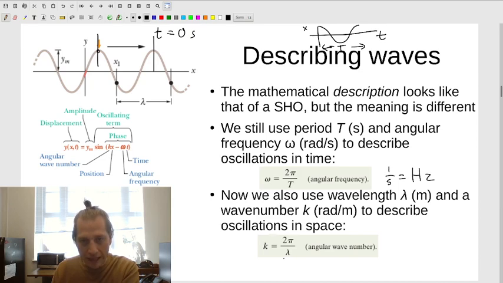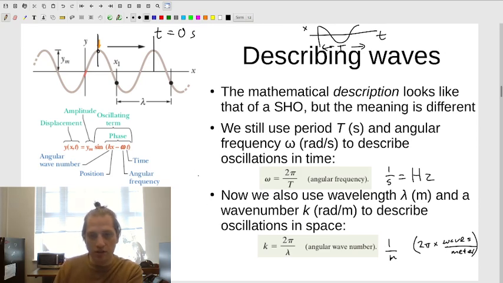Here we have k, which we call the wave number, which tells you something about 1 over meters, and essentially that is 2 pi times the number of waves per meter.